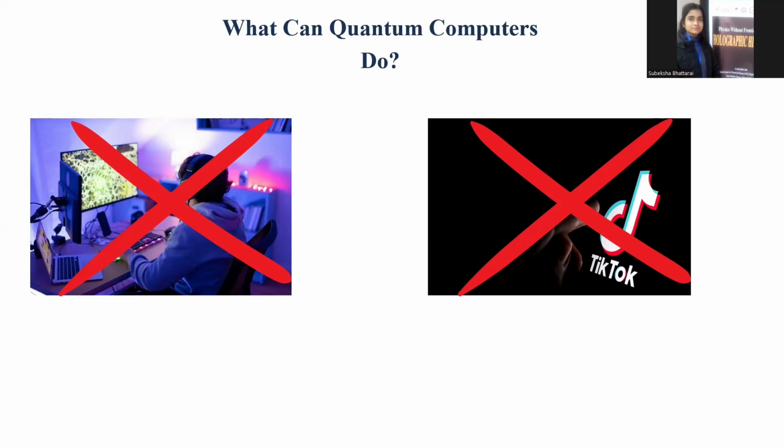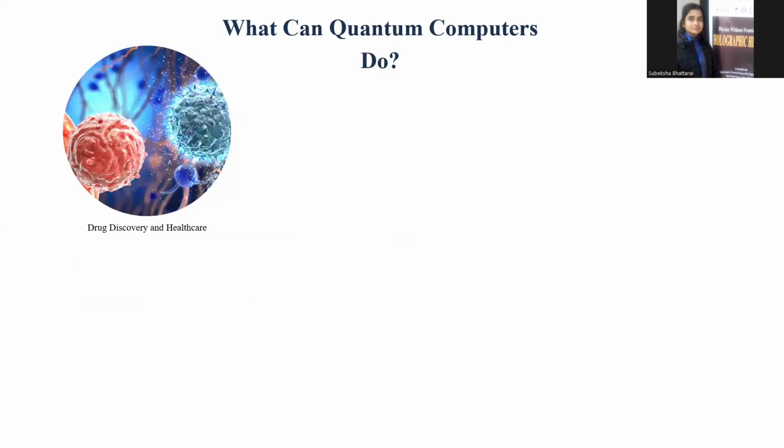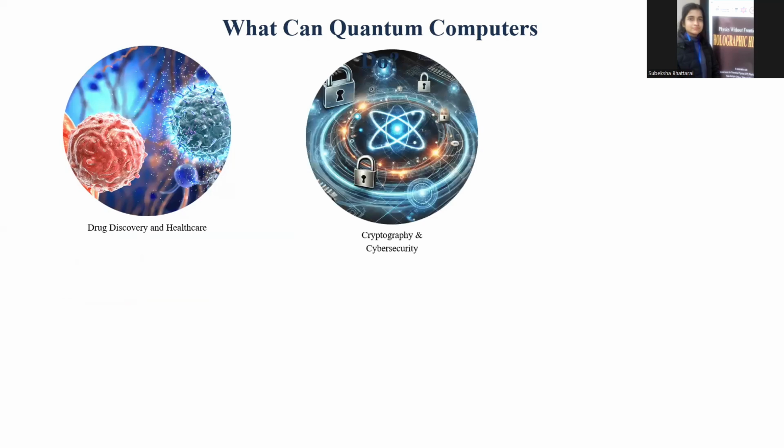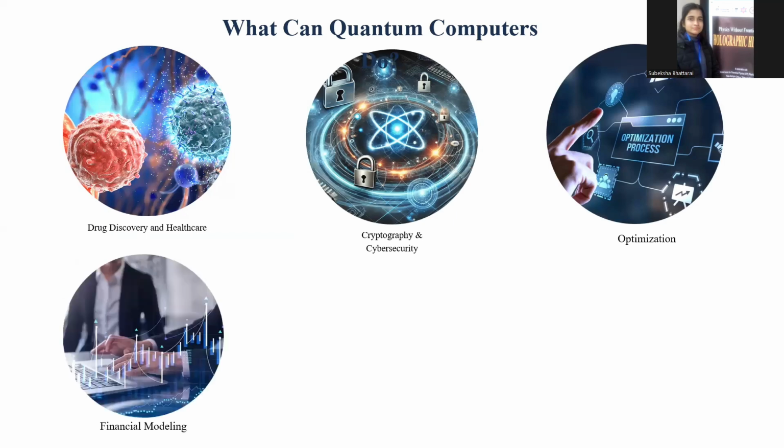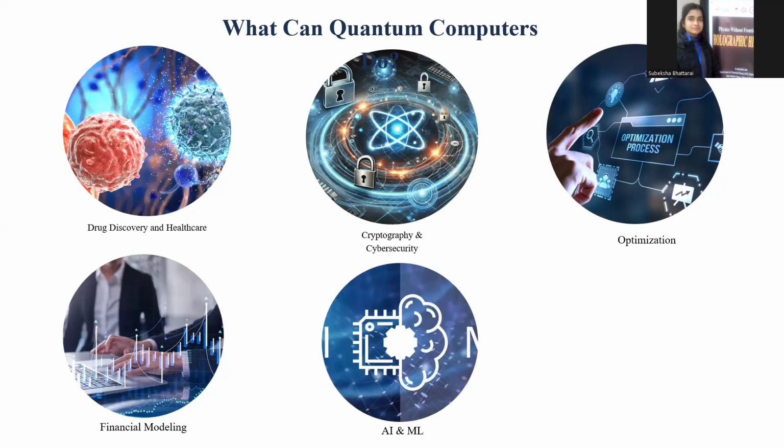Rather, they are designed to solve problems that are way too hard for regular computers, like finding new medicines faster by simulating how molecules work, or protecting our data, or quickly finding the best solution from many possibilities, or helping in finance, like choosing the best way to invest or speeding up AI. And it can also help to predict weather more accurately.